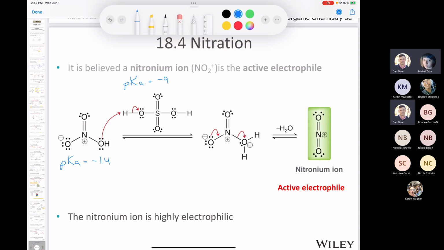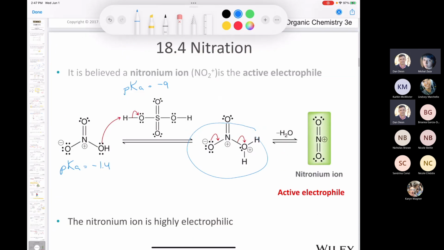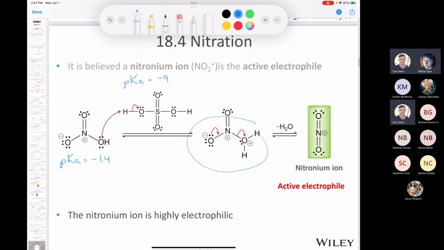So remember, acidity is relative. And thus, sulfuric acid can protonate nitric acid no problem, and it loses a leaving group in this step here, and we end up making a nitronium ion. And this is our active electrophile in nitration. And again, the nitronium ion, as you can see, is highly electrophilic. It's got a positive charge plunked right there on the nitrogen.